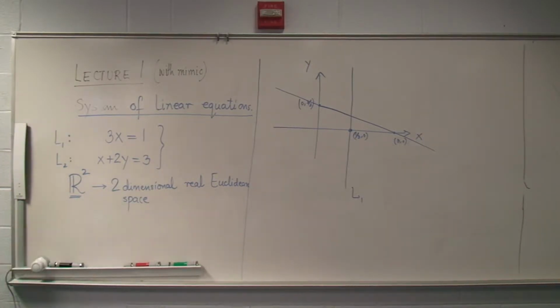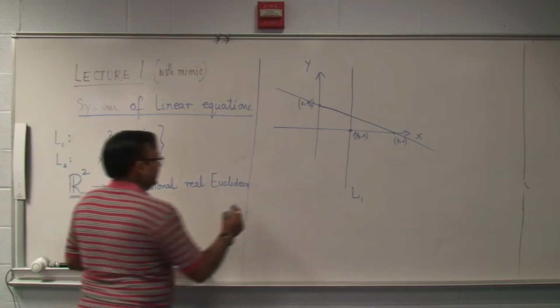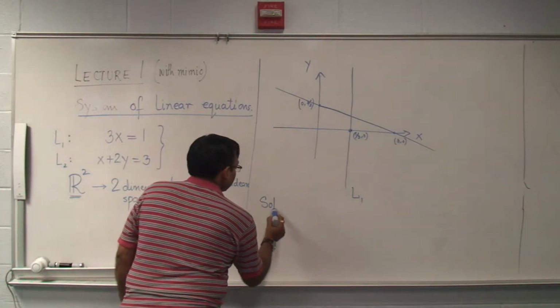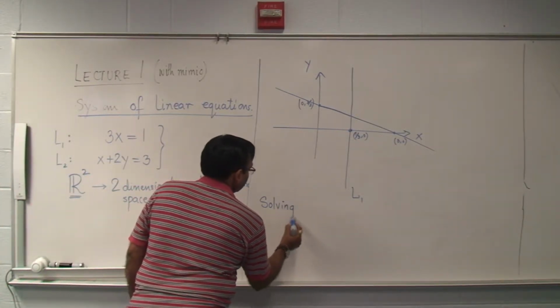Now, when I say I want to solve the system of linear equations, that means I want a value for x and a value of y which satisfies both these equations. What it means is I want a point (x, y). So this is what solving means for us.